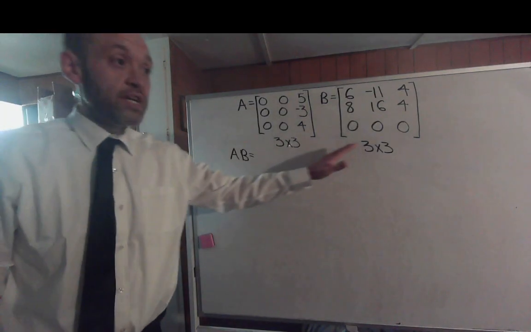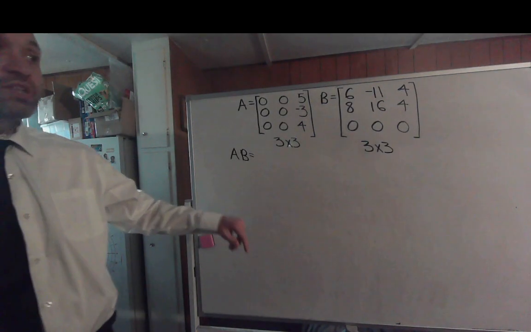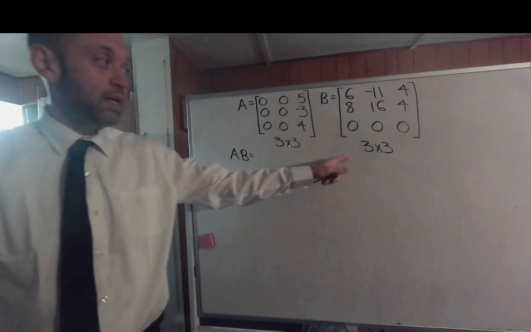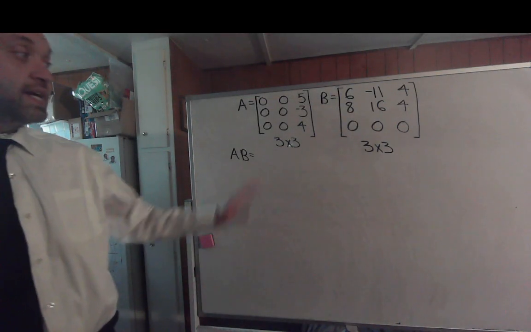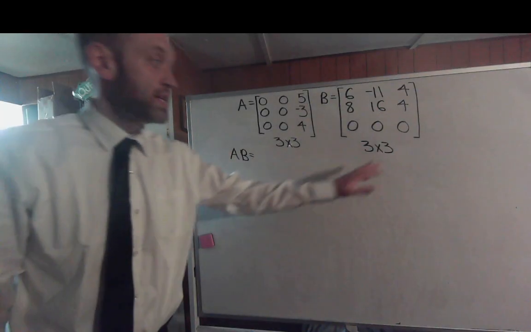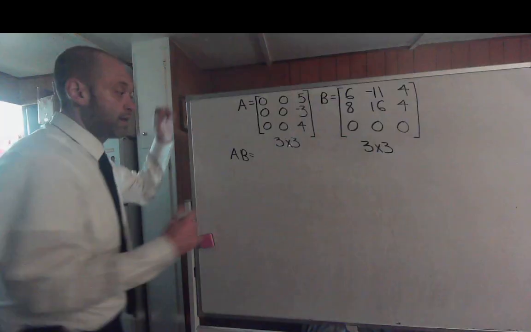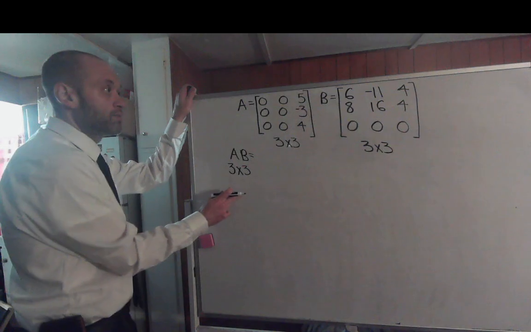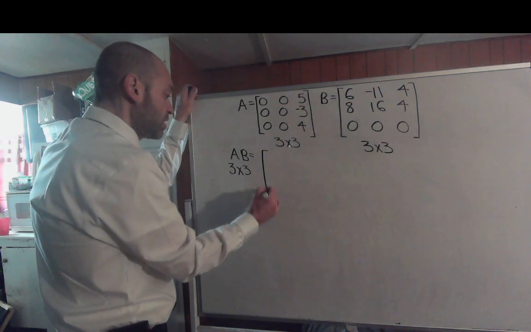Both matrices have the exact same dimensions, so the number of columns in A definitely equals the number of rows in B. We can clearly take A times B, and that means we're also going to get a 3 by 3 matrix for our result. So matrix A times B should be 3 by 3.